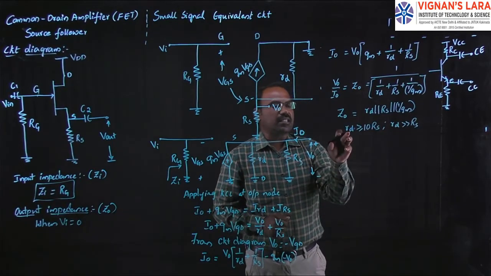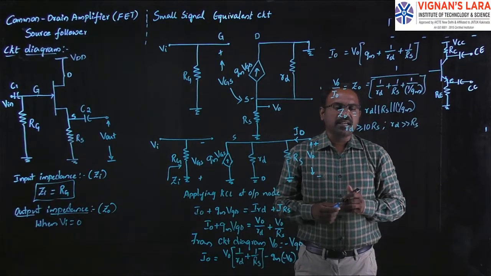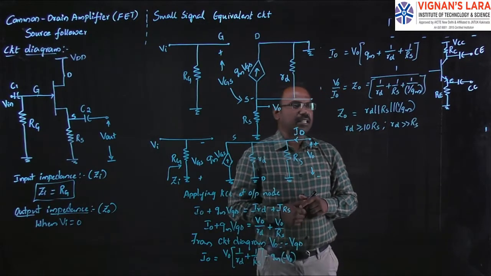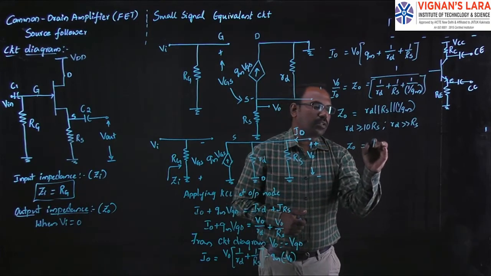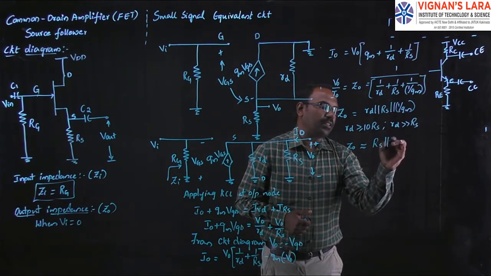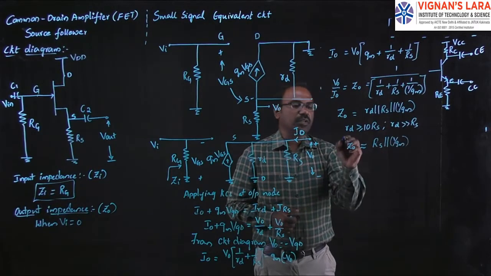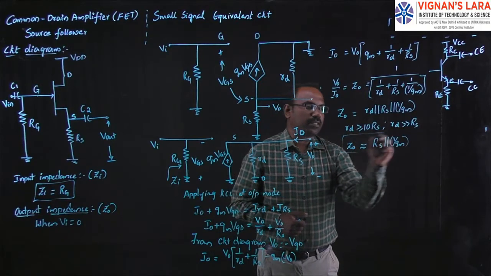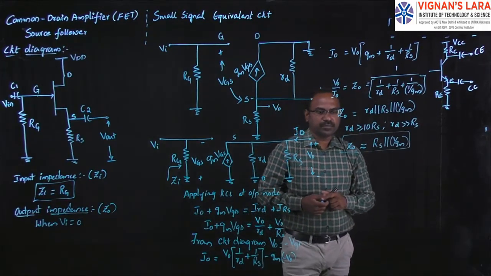So when a larger resistance is connected in parallel with a smaller resistance, the larger resistance effect will be neglected. So Z0 is approximately equal to RS parallel with 1 by gm. This is the output impedance for the source follower or common drain.